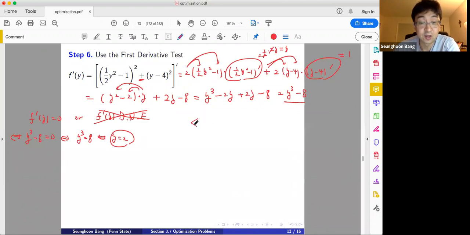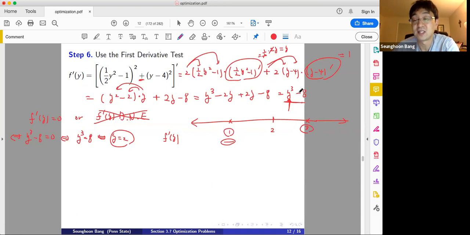The next, you have to plug test numbers into here to see whether f prime of y is positive or negative. I'm going to choose test number 1. You plug 1 into here. 1 cubed minus 8 is negative 7. I'm going to choose 3. Plug 3 into y. 3 cubed minus 8 is 27 minus 8, 19, a positive number.